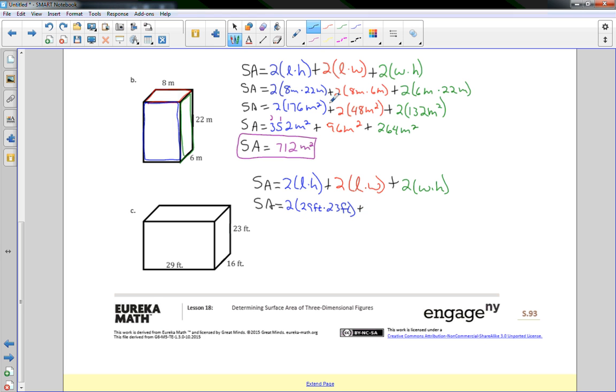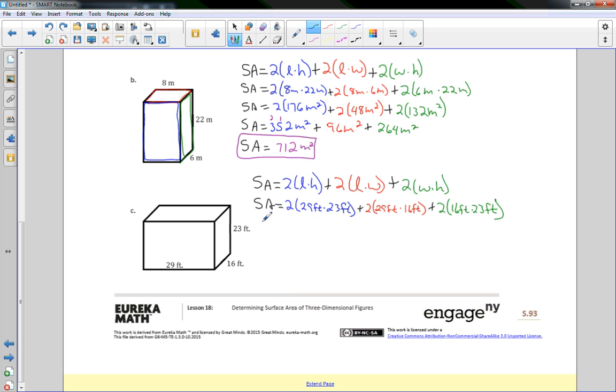Plus 2 times the length, which is 29 feet, times the width is 16 feet, plus 2 times the width, which is 16 feet, times the height, which was 23 feet. Okay, width 16, height 23, height 23, length 29, length 29. Just double checking all my numbers.